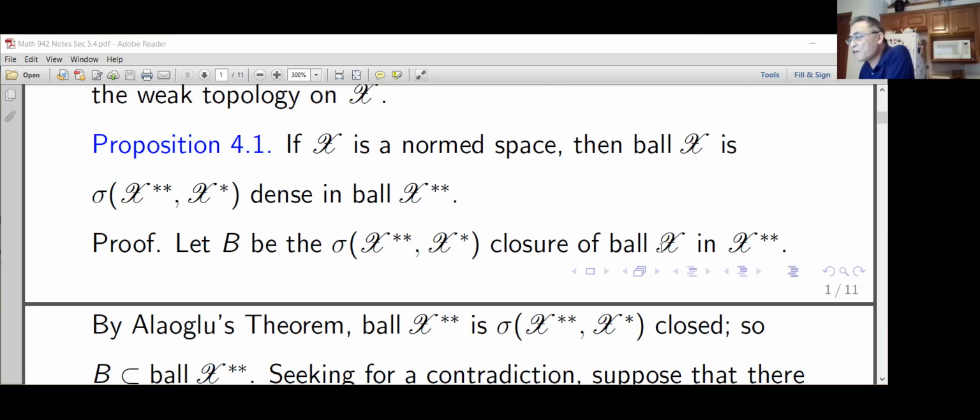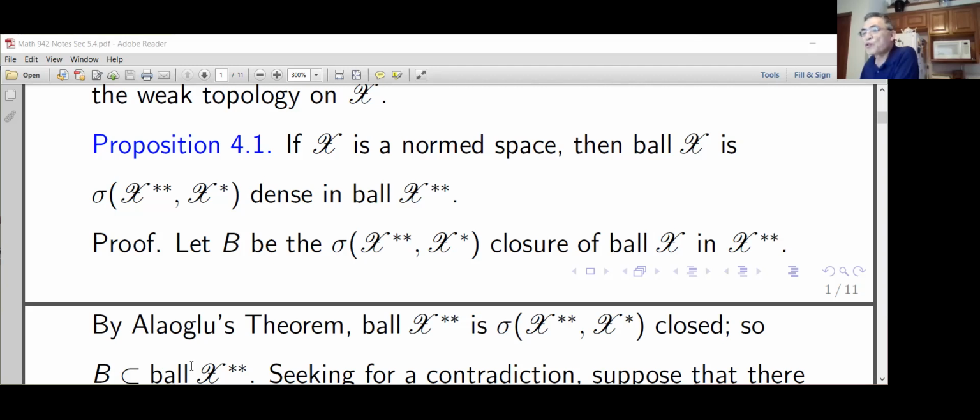The closure is the intersection of all closed sets containing this set, and this ball is a closed set containing it. So B is contained in this. We want to prove B is equal to that.